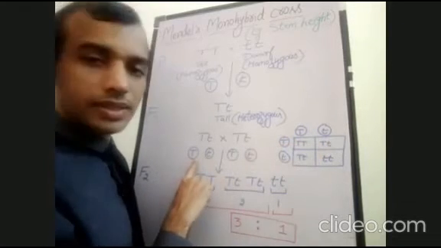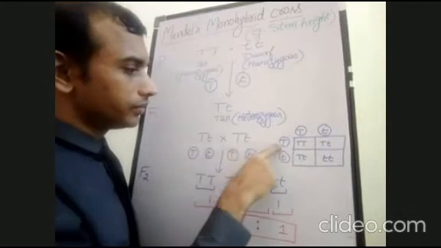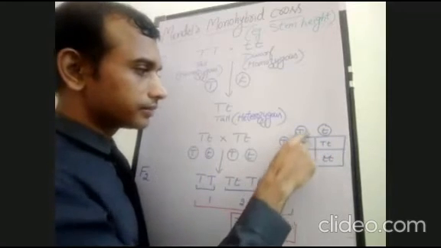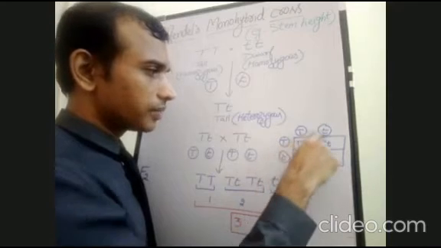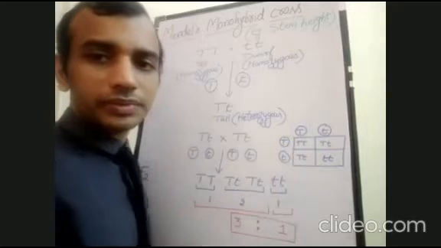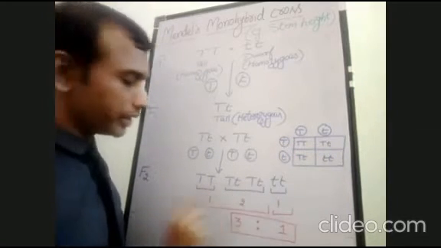So here we write T and small t, and capital T small t, we represent like this. And you see capital T capital T here, capital T small t, capital T small t, small t small t here. So these are the kinds of offspring that we get, which I have written here.